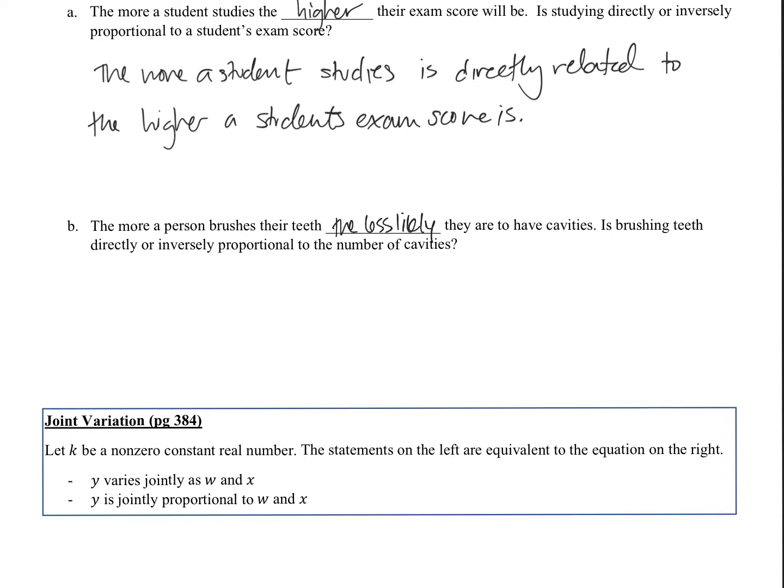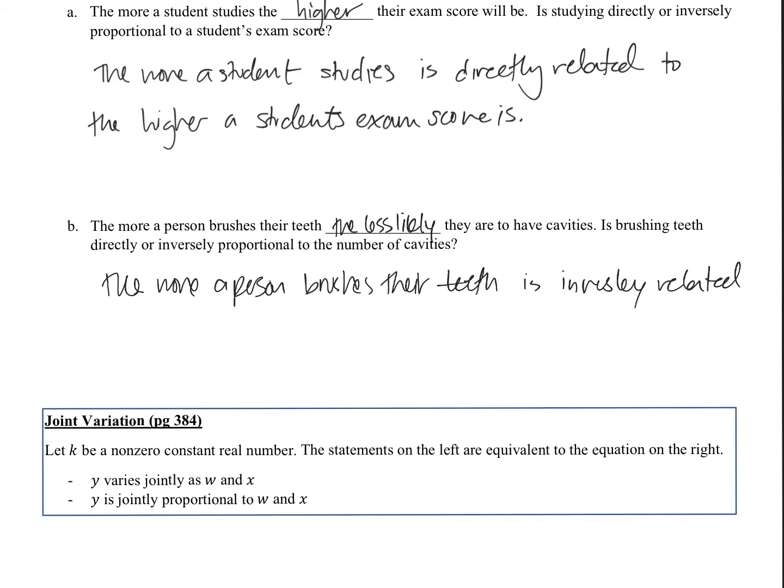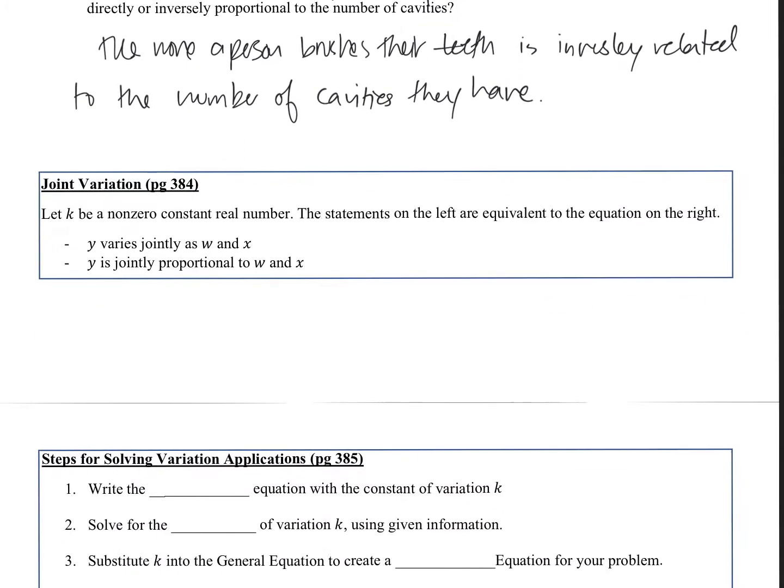The more a person brushes their teeth is inversely related to the number of cavities they have. Once again, the more you brush your teeth, the fewer cavities they have, so inversely related.